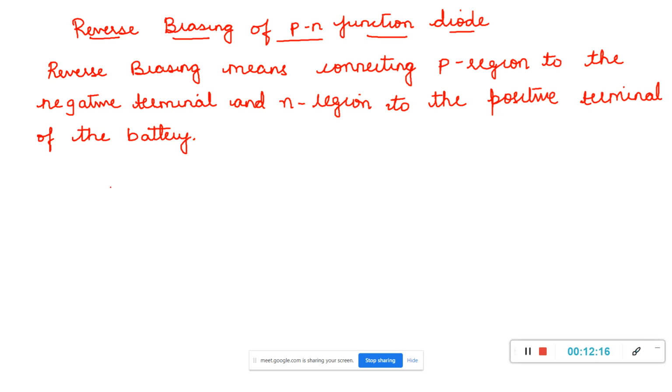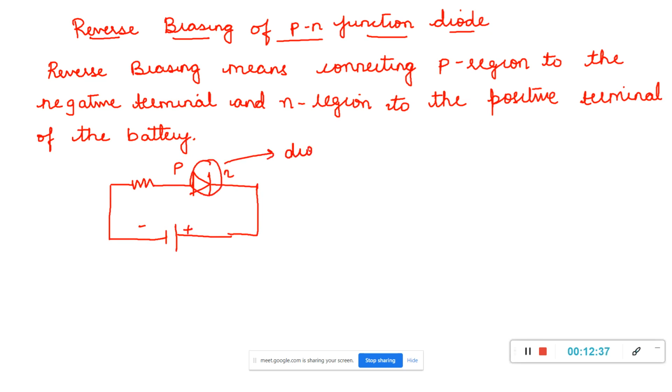So simply we can show it in the form of a symbol. This is a diode symbol. This is minus, this is plus. This is P, this is N, this is a diode, this is a resistor R, this is a battery.